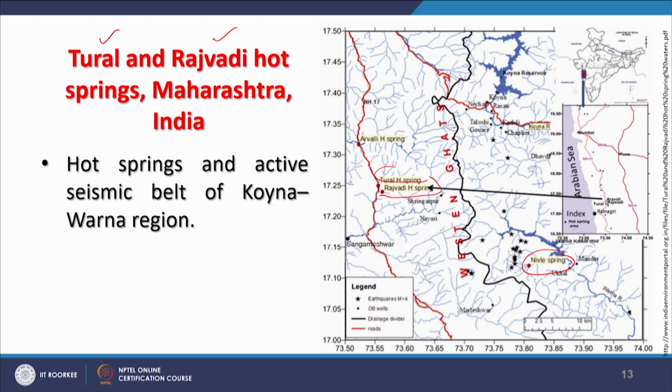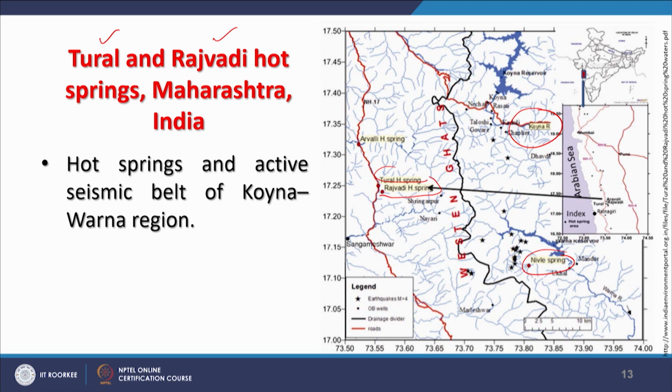Now, hot springs and active seismic belts of the Koyna Warna region, the Warna region, this is another location for hot springs because of seismic activity. We have seen earlier two types of sources or reasons of hot springs.